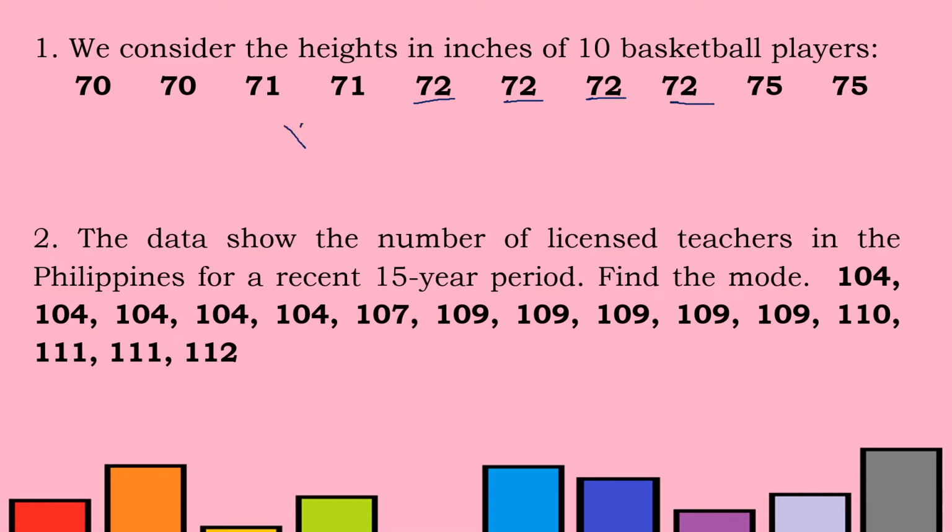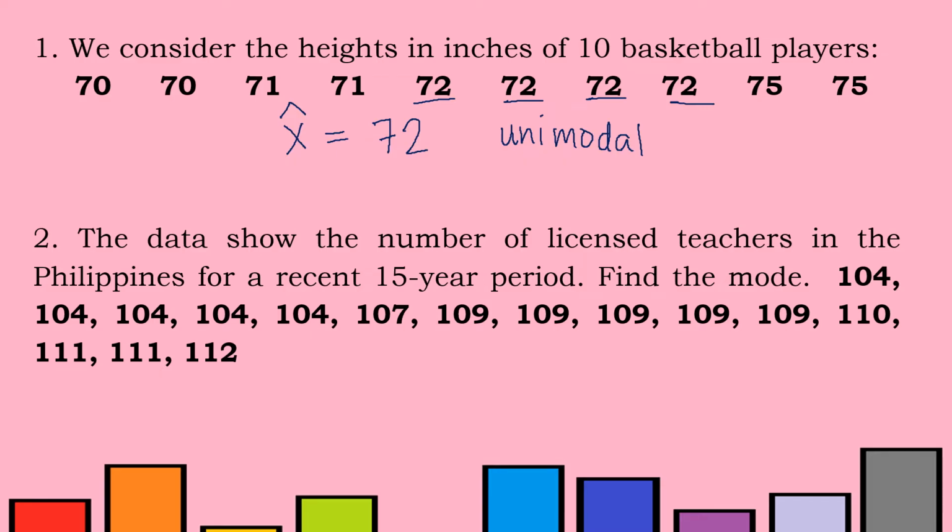So therefore, x hat, or the mode of the 10 basketball players in inches, is 72. So easy, right? By the way, the first example is an example of unimodal because there is only one mode.